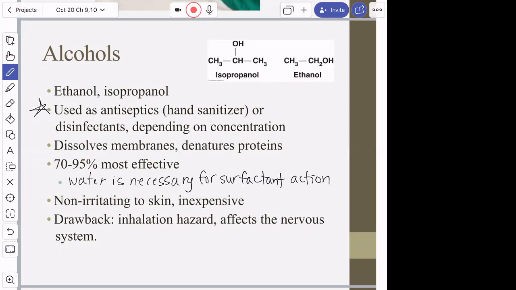Okay, so one big thing that alcohols do is dissolve membranes. Okay, so that's surfactants, it's breaking apart membranes. Okay, also denatures proteins.